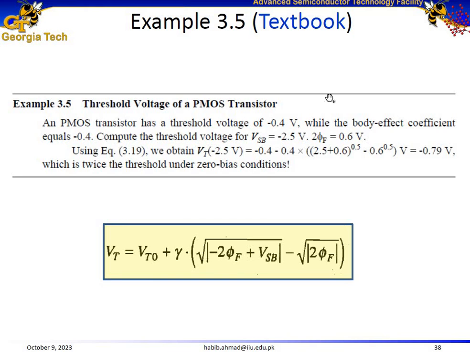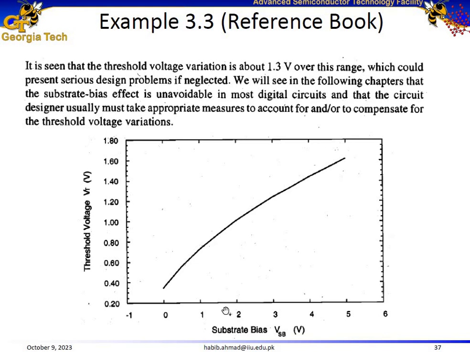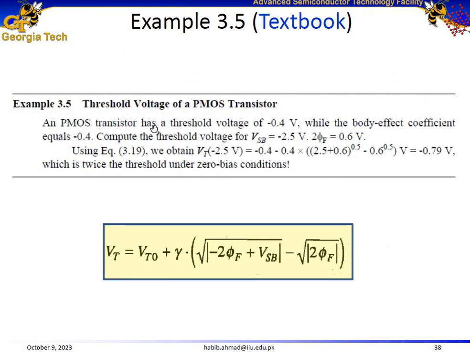Also, as I told you for the previous example, for an N-type MOSFET we connect the substrate to positive voltages. You can see that in this example 3.3. And now here we are considering an example of a P-type MOSFET. As you can see, for P-type MOSFETs we connect the substrate to negative potentials.